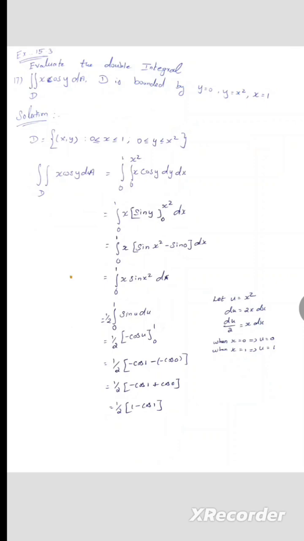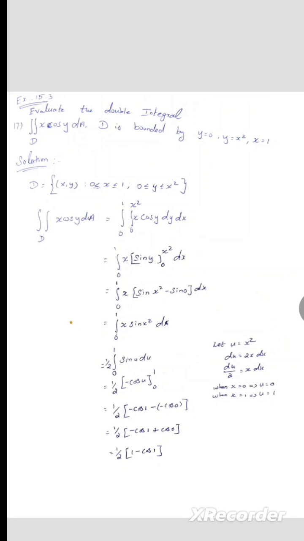So now the function becomes a very simple function. It is easy to integrate sin u with respect to u. The integration of sin u is minus cos u. Therefore, we have to apply the limit 0 to 1 for this. So we apply the upper limit minus lower limit.